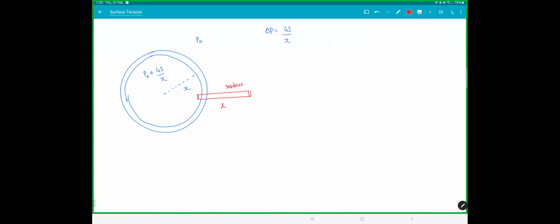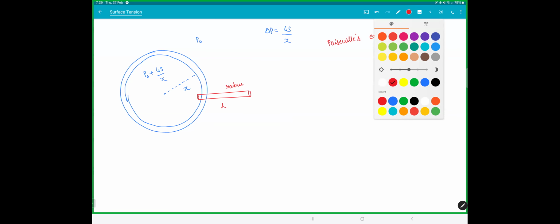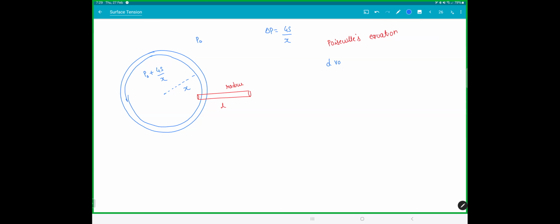So from Poiseuille's equation, d volume by dt is pi delta P r power 4 by 8 eta L. Now what is volume here?